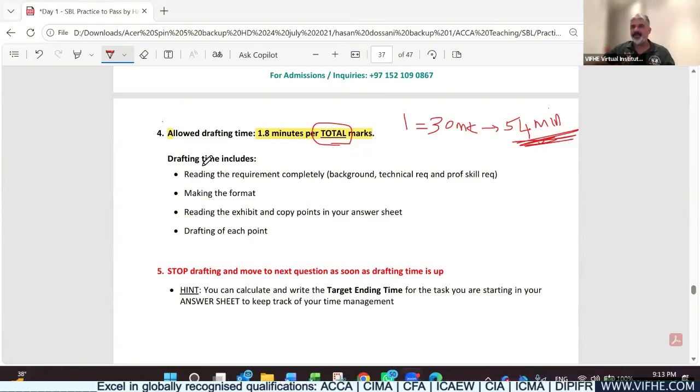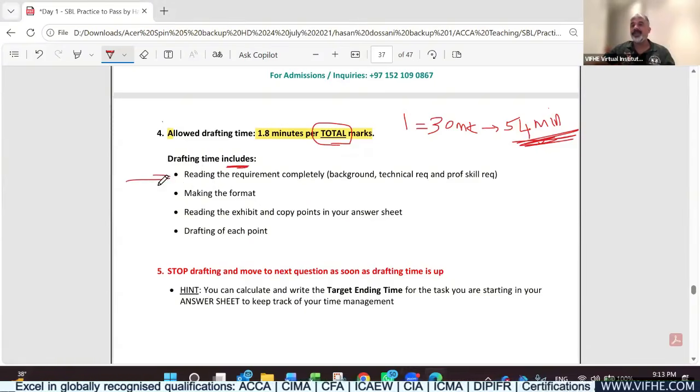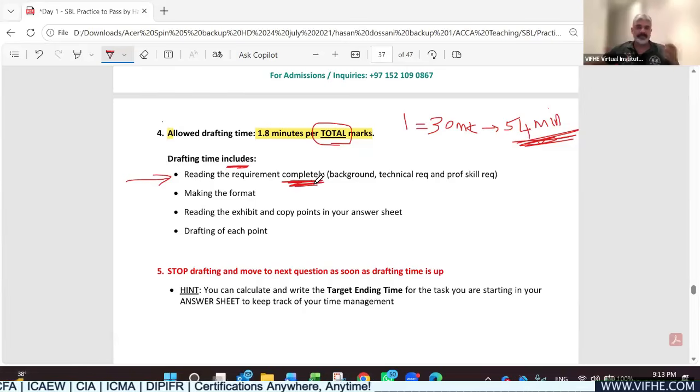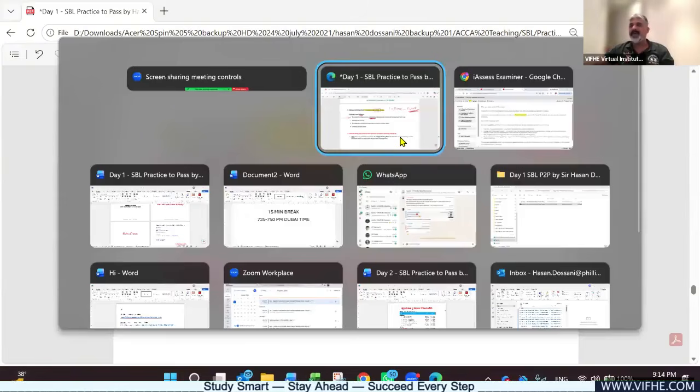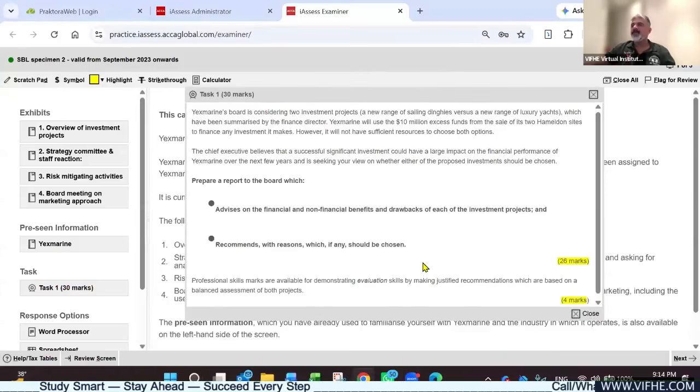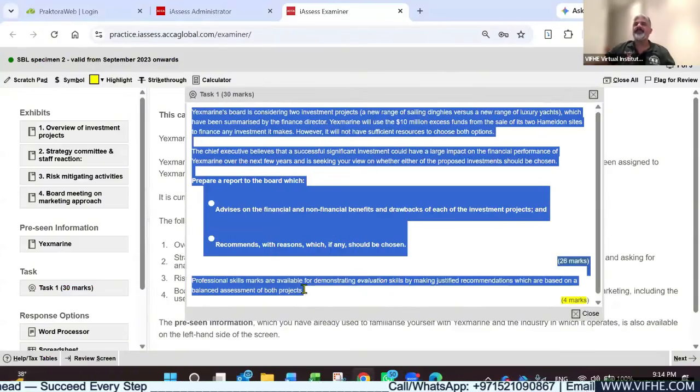In drafting time, first of all, you need to read the requirement completely. Did we read task number one completely, or did we just copy paste the bold portion? Yes, we just copy pasted the bold portion. But now we are about to draft, so you need to first read the requirement completely. And then you have to read from here till here. Is that clear?